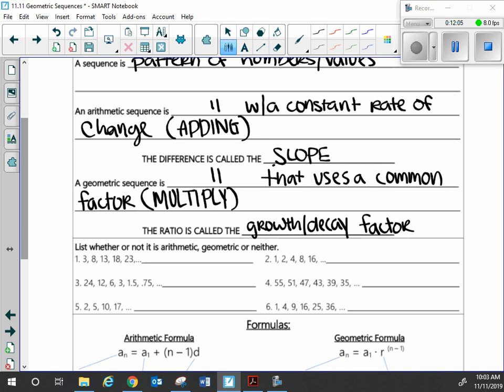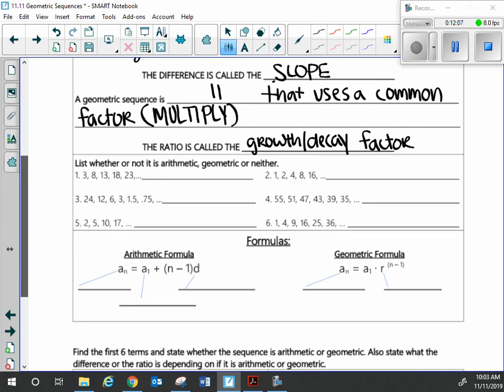Okay, so at your table, look through 1 through 6 and just label. You don't have to write out the whole word, arithmetic, geometric, or neither. You need to decide, is it adding, is it multiplying, or does nothing apply? What kind of sequence it is. Okay, let's bring it back together. Number 1.